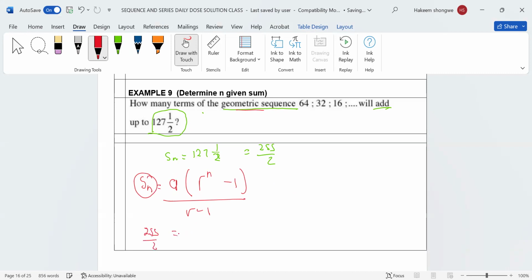We know the first term is 64. Then we can calculate our R, which is 32 all over 64, which is 1 all over 2. So we have 1 all over 2 to the power of n minus 1, all over 1 all over 2 minus 1.